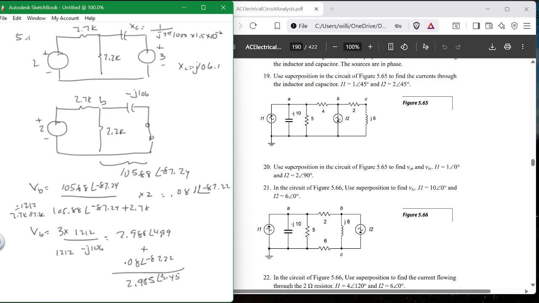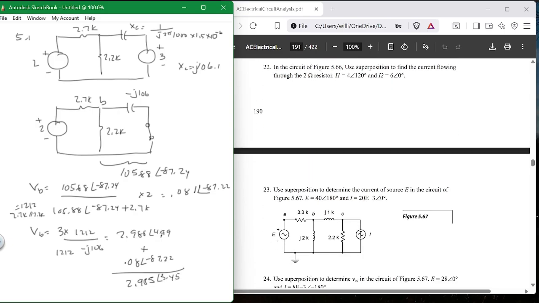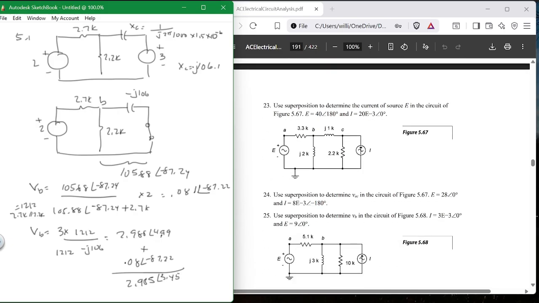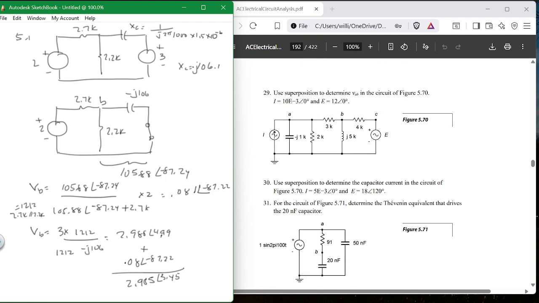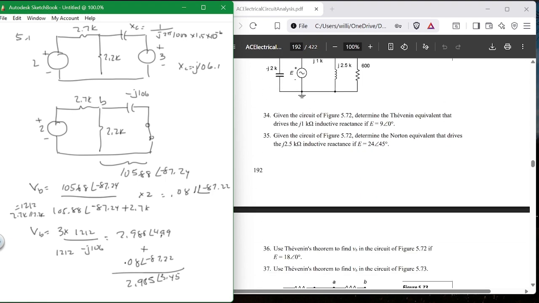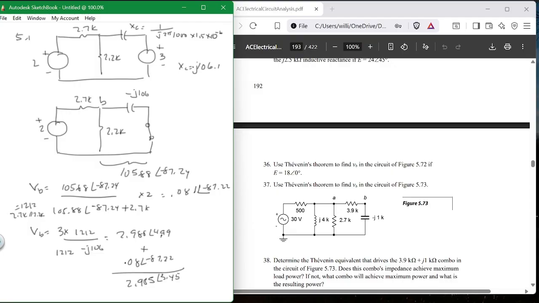But now, all right, so now let's go down to some of the Thevenin questions, which are valid, okay? So now, here is a question. Use Thevenin to find VB in the circuit below, all right?